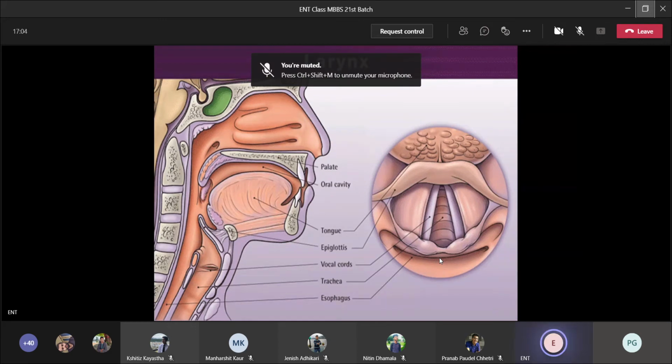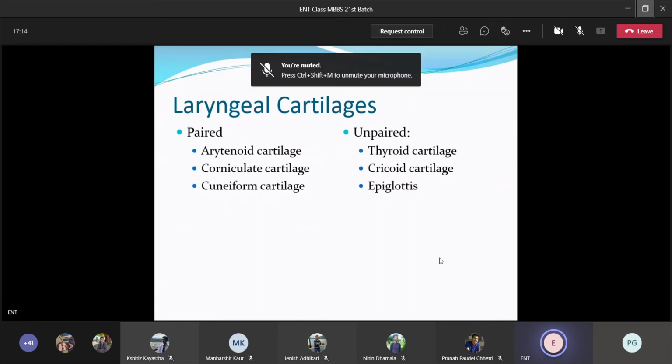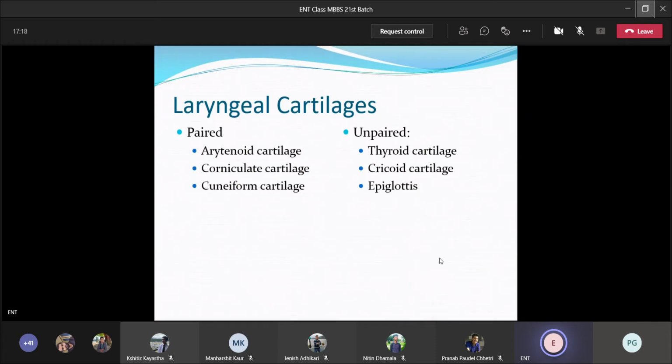So now the next slide is laryngeal cartilage. In the larynx, there are paired and unpaired cartilages. The paired cartilages are three: arytenoid cartilage, corniculate cartilage, and cuneiform cartilage.